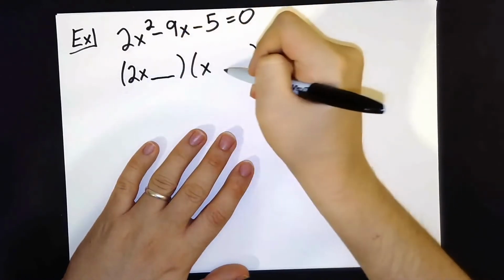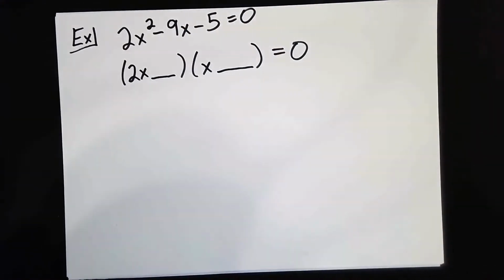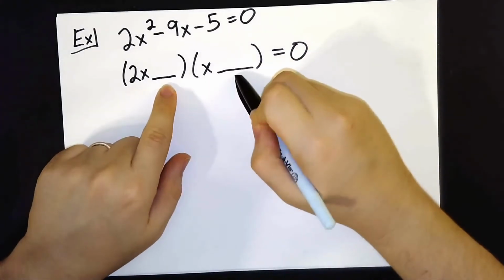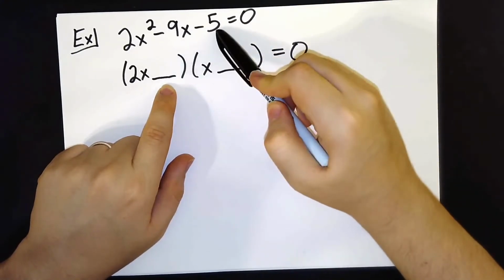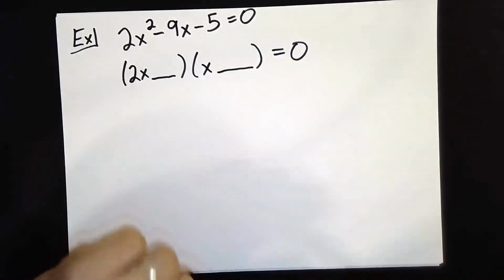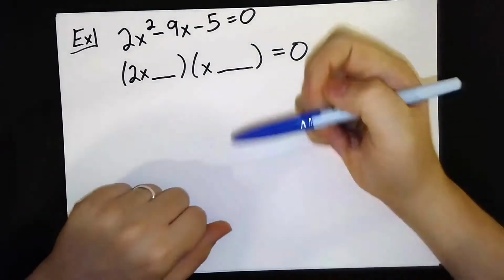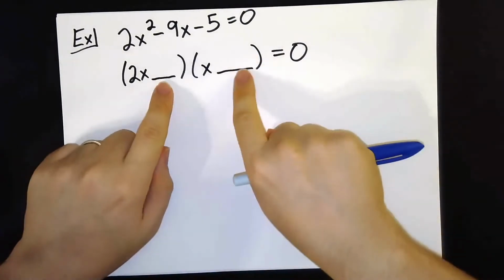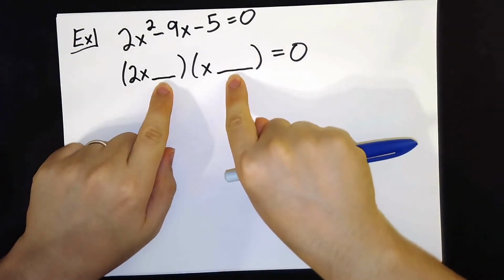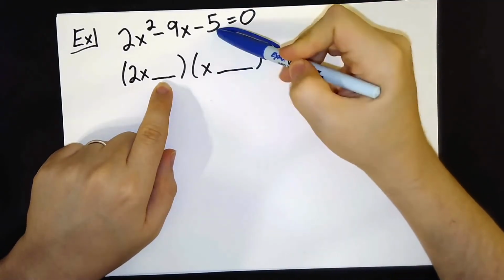As before, we have these blanks that I need to fit together, and I need to figure out what to fill in these blanks in order to get this minus 9x and this minus 5. One thing that's still true from last time, I still need these two numbers to multiply together to be this minus 5.